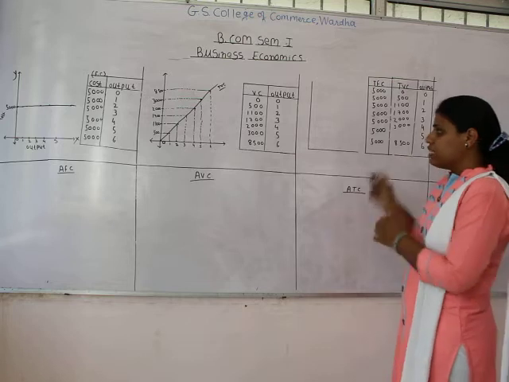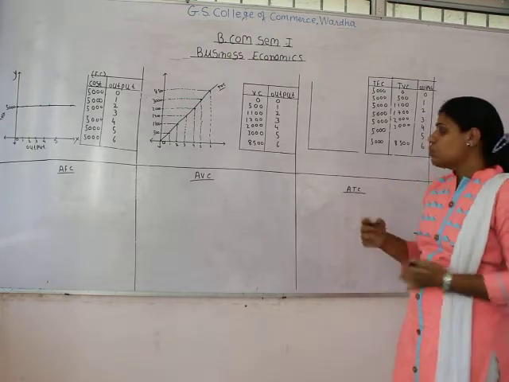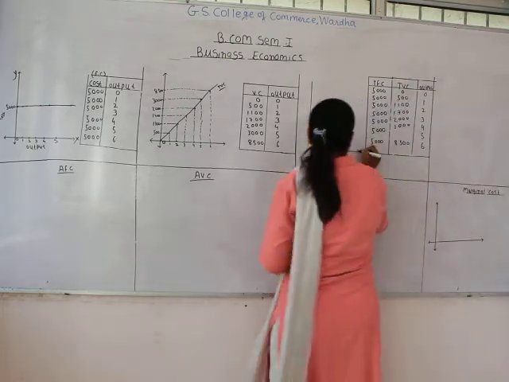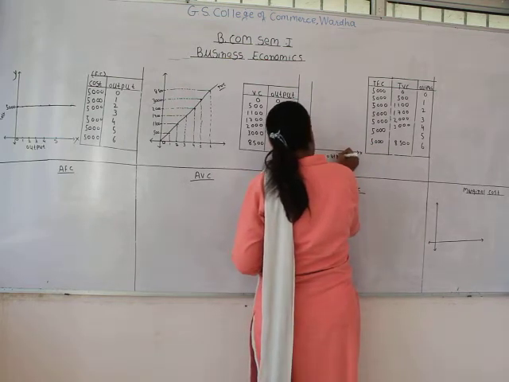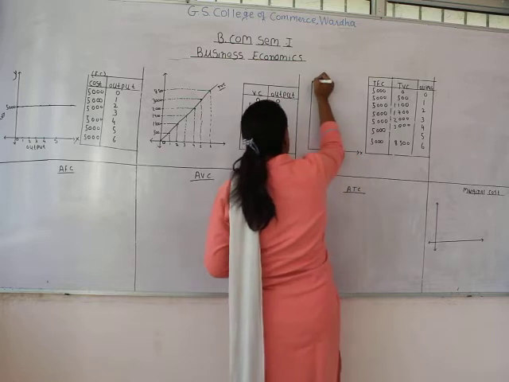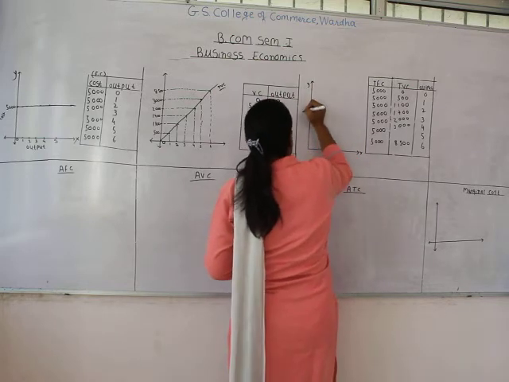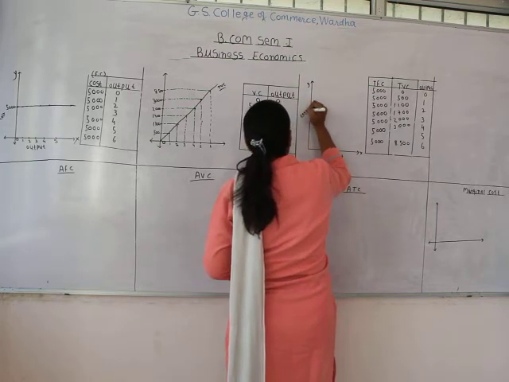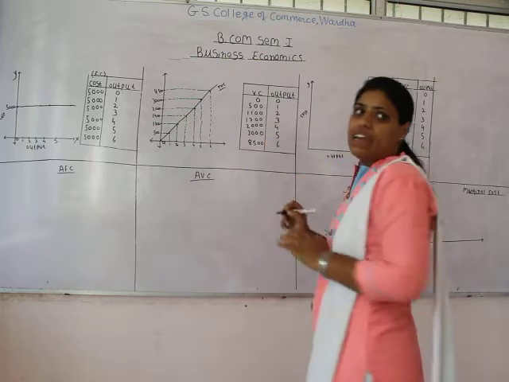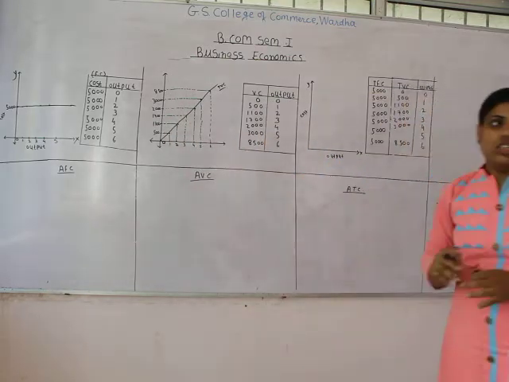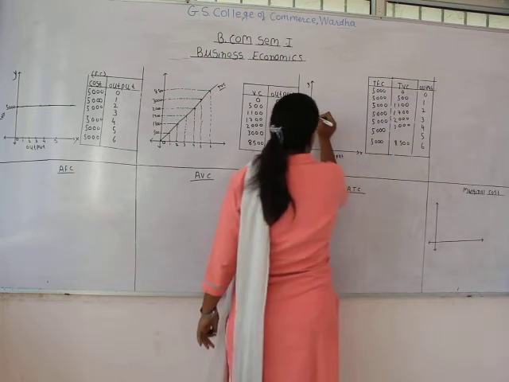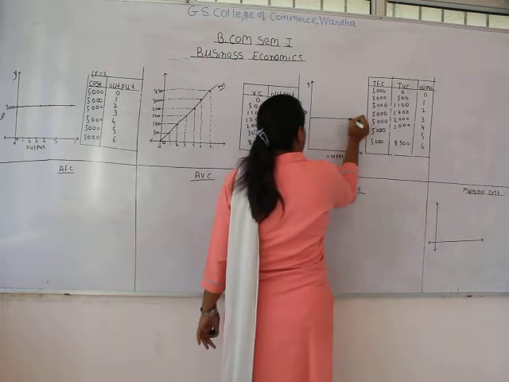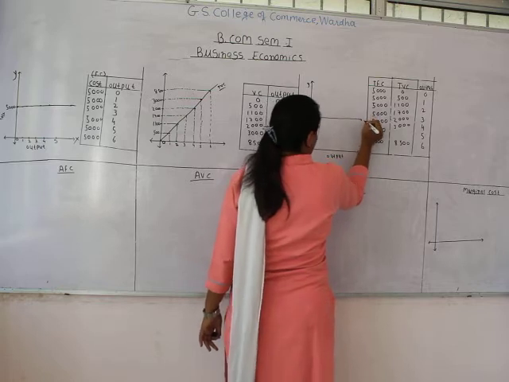So we will see how it is plotted on a graph. Again, on the x-axis output is represented, and on the y-axis cost is represented. We have seen the behavior of total fixed cost. What kind of curve do we get? We get a horizontal straight line in case of total fixed cost.